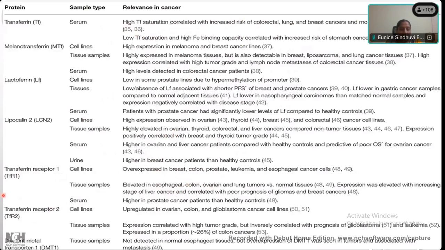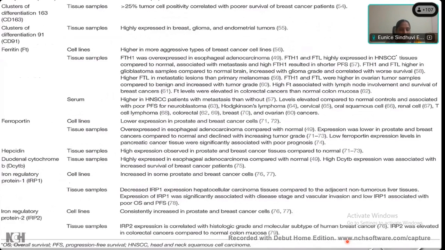Transferrin receptor and DMT1 overexpression is usually seen in tumors associated with metastasis. And ferroportin and duodenal cytochrome B, and even the iron regulatory proteins, have also had their expression dysregulated, and it helps in cancer cell progression.